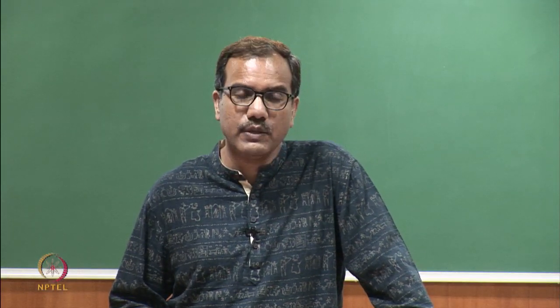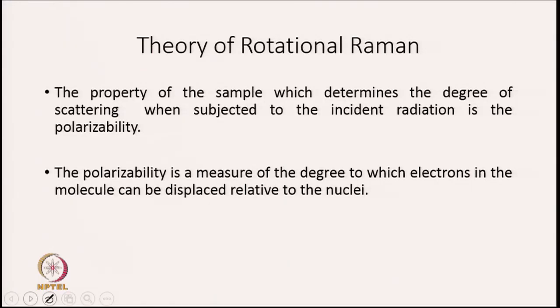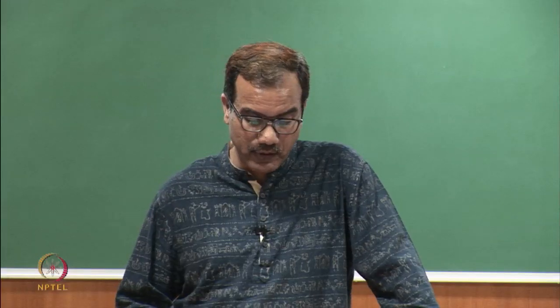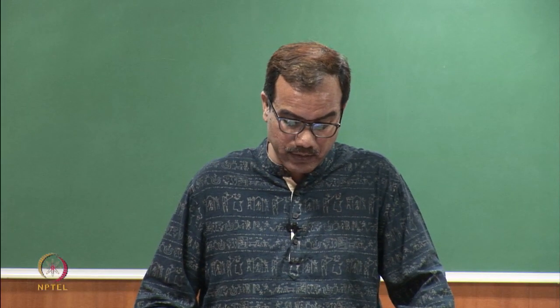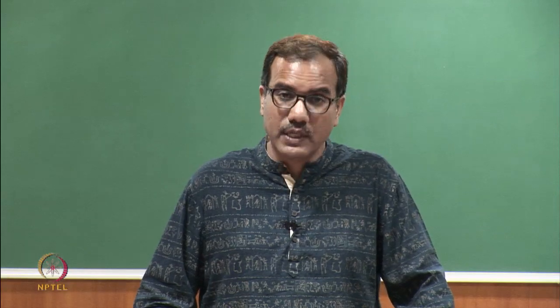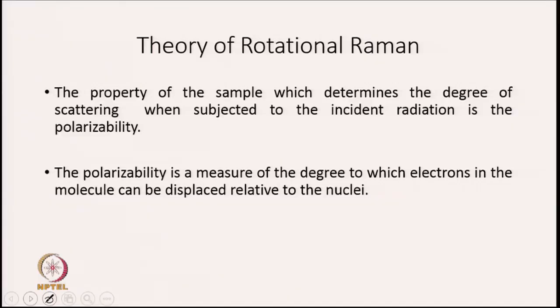So, this is the theory of rotational Raman. It is basically a property of the sample, polarizability, which determines the scattering. The factor on which scattering depends is the polarizability of the molecule, not the dipole moment, as we saw for rotational spectroscopy. So, what is polarizability? It is a measure of the degree to which electrons in the molecule can be displaced relative to the nuclei.